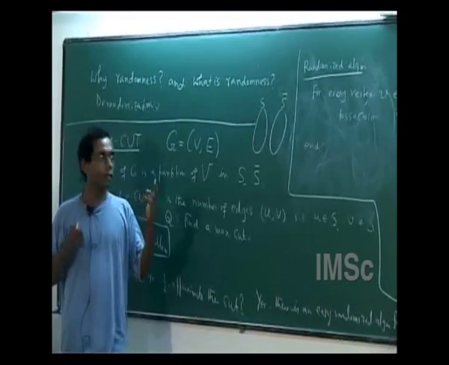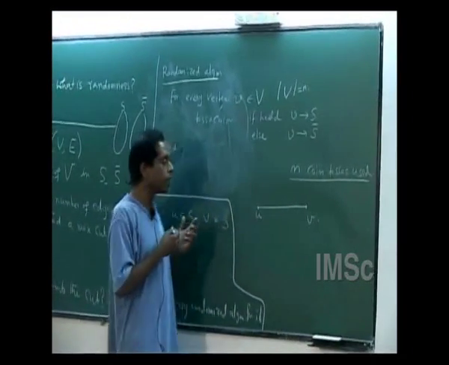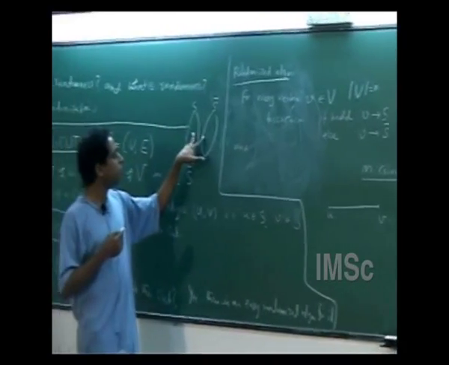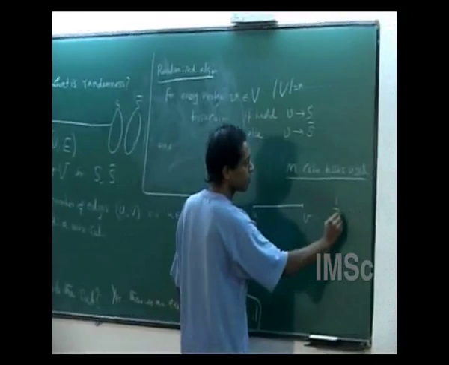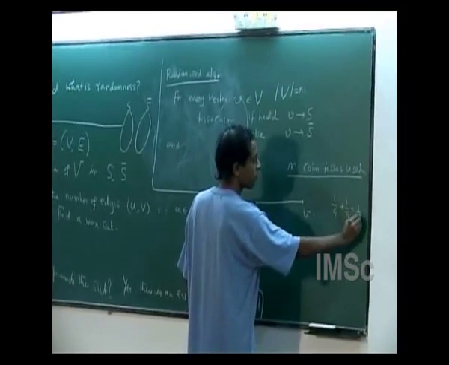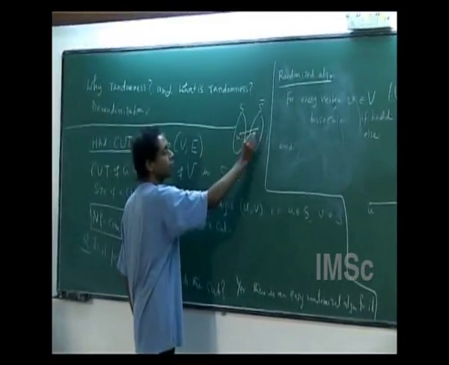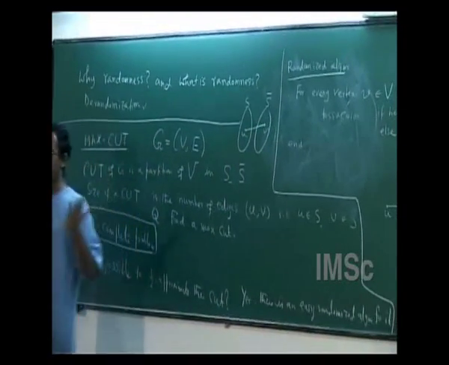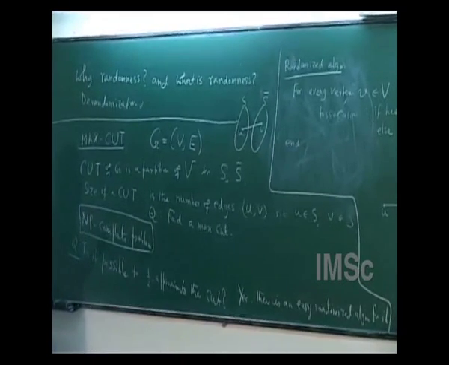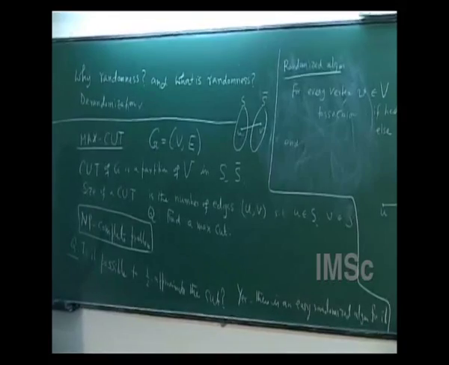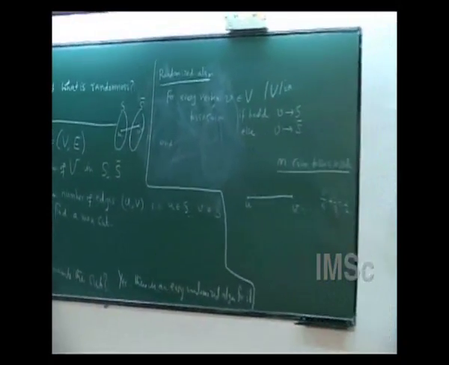One by four. And the same for tail. So the total probability that the edge will not be in the cut is clearly half, 1/4 plus 1/4. So with probability half that edge will be in the cut if you do this random partition. The idea is clear? That's all you have to understand about the algorithm.